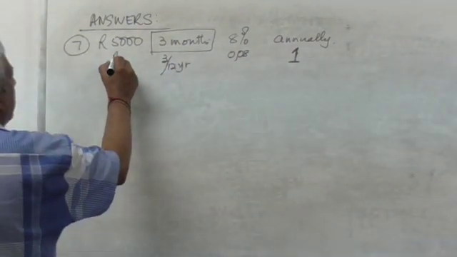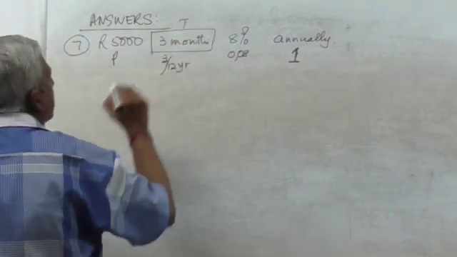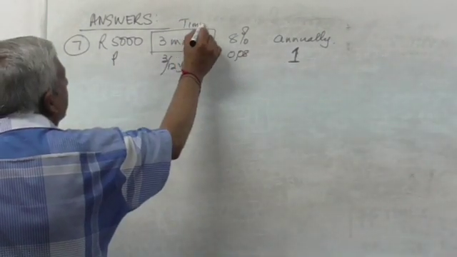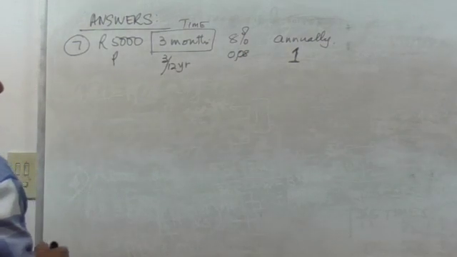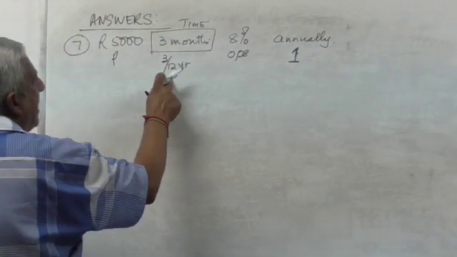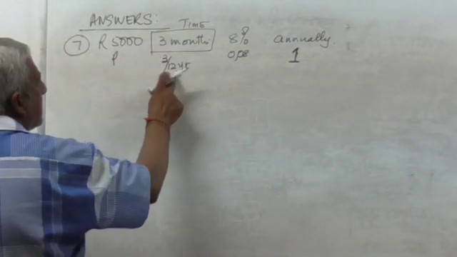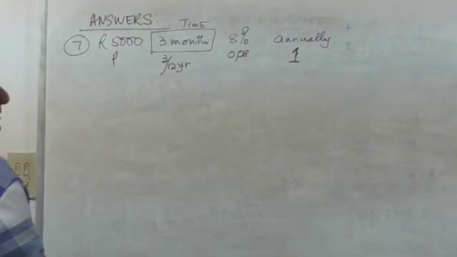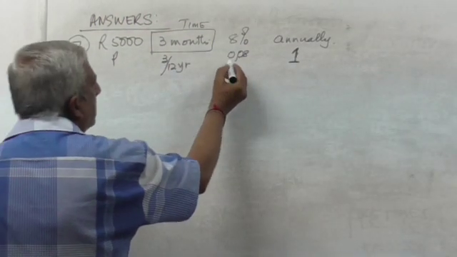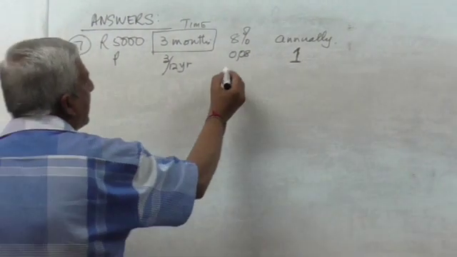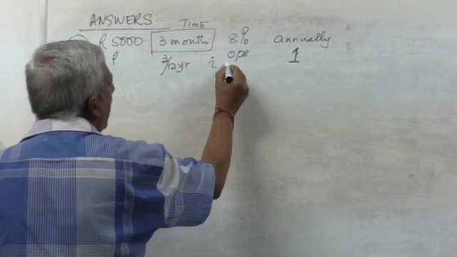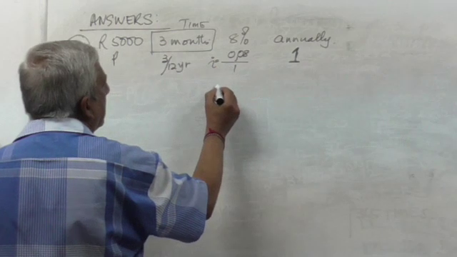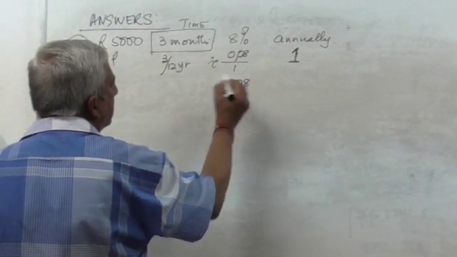This was the principal, this was the time, right? So the time can't be in months, it must be in years, right? So that's the time. Now, so this is 0,08 and it's going to be divided by 1. So that will remain as 0,08.